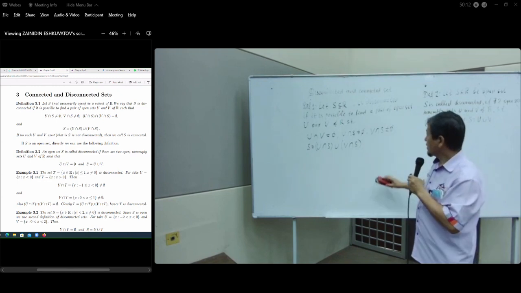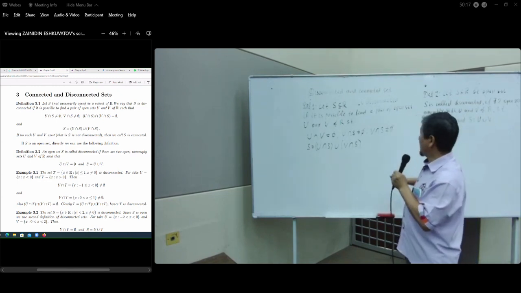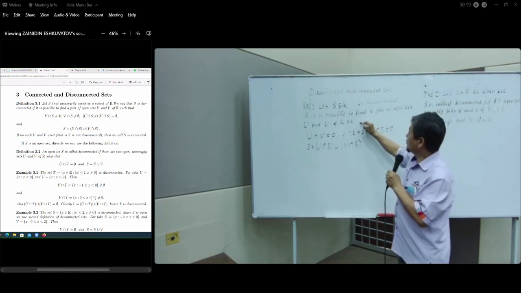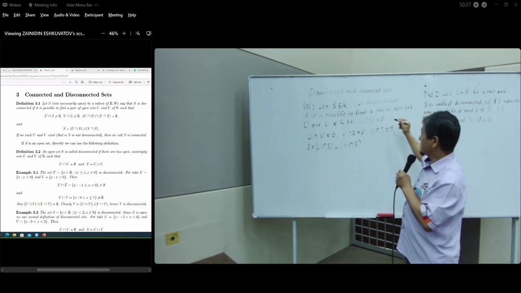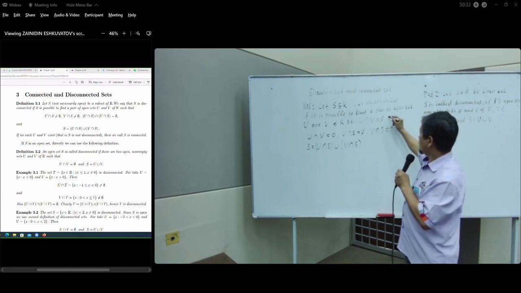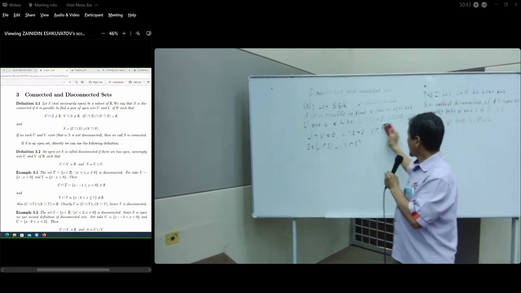So this one I put here because I need the space. U intersection V is the empty set, and U intersection S is non-empty, and V intersection S is also non-empty.